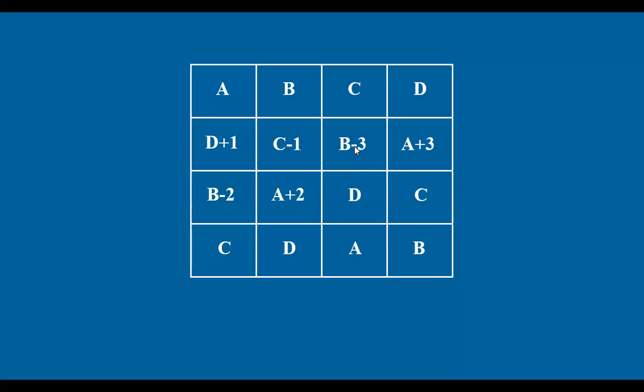Similarly, B -2. So I take D +2. Now, here we have plus, so C -2. I am either adding or subtracting 2 only in the third row.